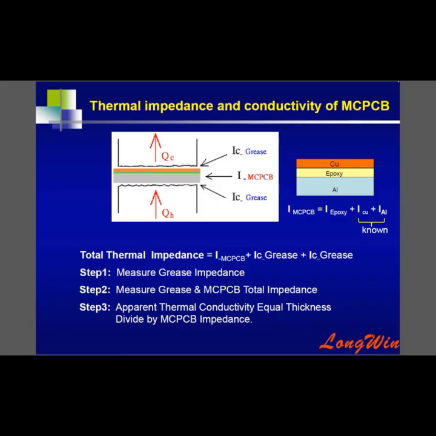So in this case, we can also minus the thermal impedance of copper and aluminum, and we'll know the thermal impedance of the insulation layer. Once we know the thermal impedance and thickness of insulation layer, we can use the formula thickness divided by thermal impedance, and we know the thermal conductivity.